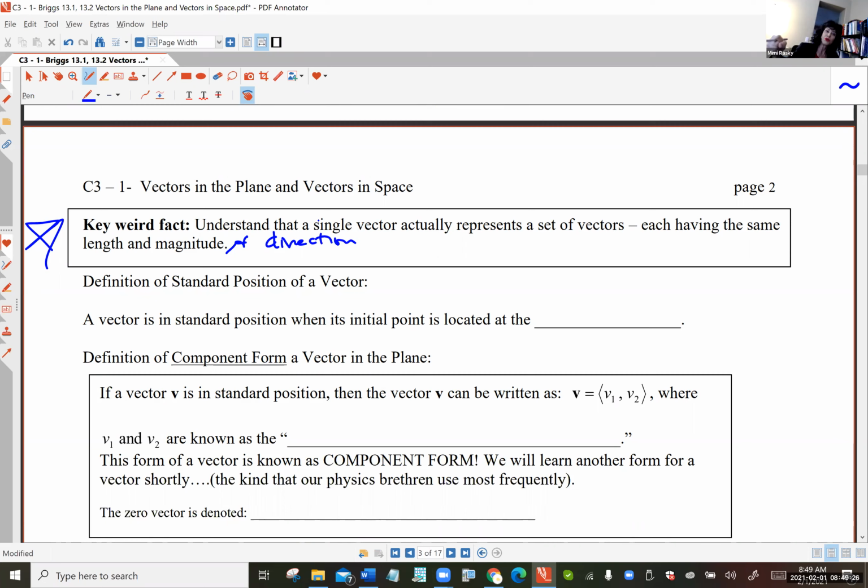And we basically move the vector so that the initial point is located at the origin. Since we're going to start working in 2D, you're just going to have X and Y axes like this. So you're going to position your vector so that its initial point is sitting right on top of the point 0, 0.